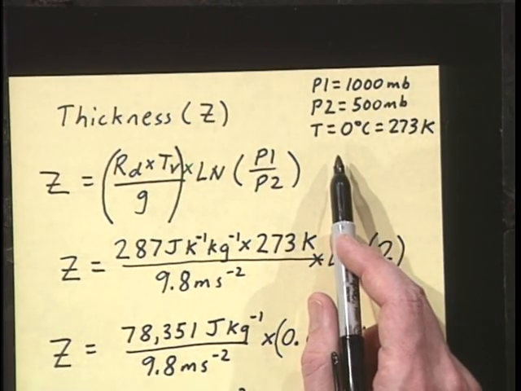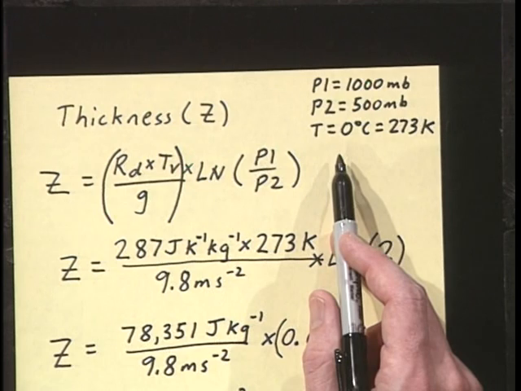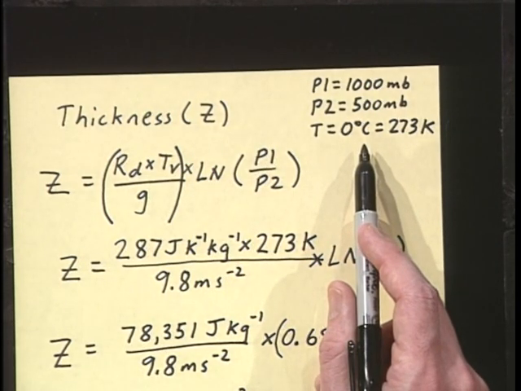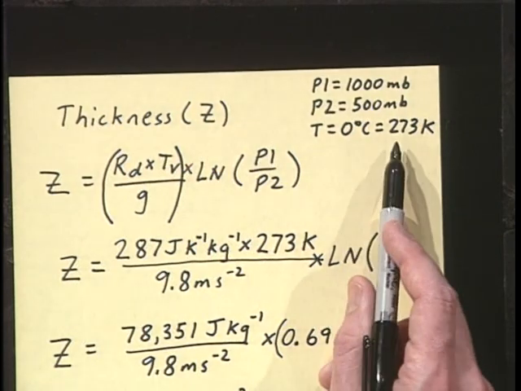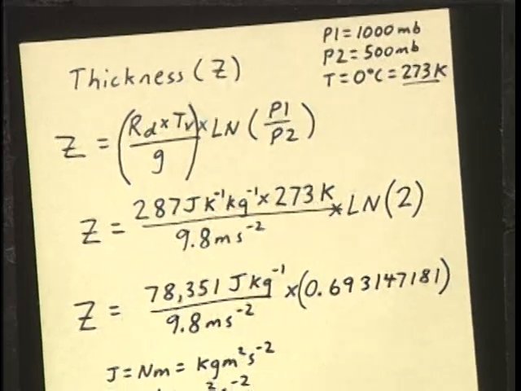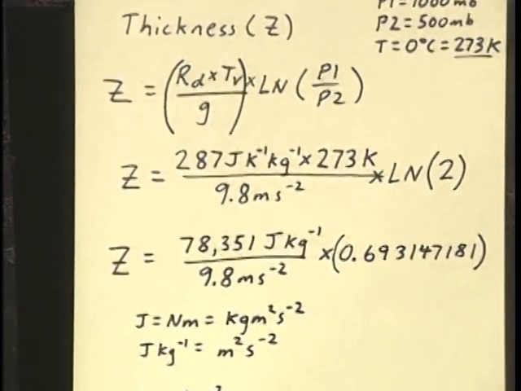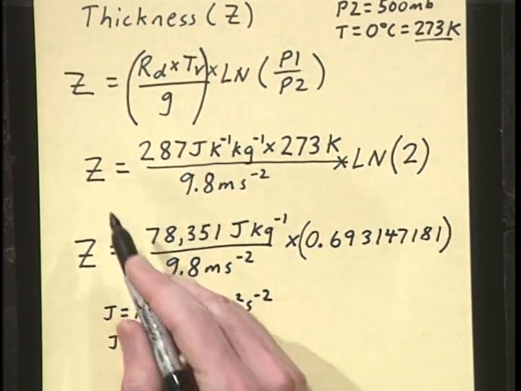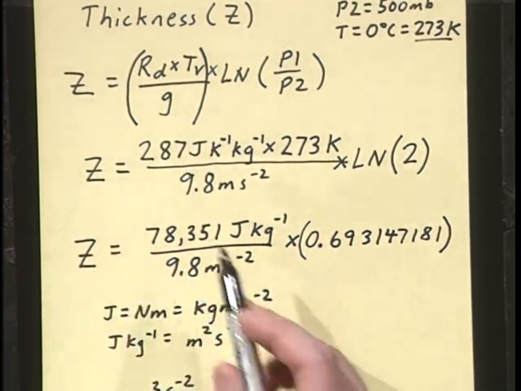Our temperature that was given, the average virtual temperature, was 0 degrees Celsius. We need to convert that to Kelvin, so we add 273 to 0, and so we have our temperature. So we have all of our knowns that we need to plug into the equation to solve for Z.